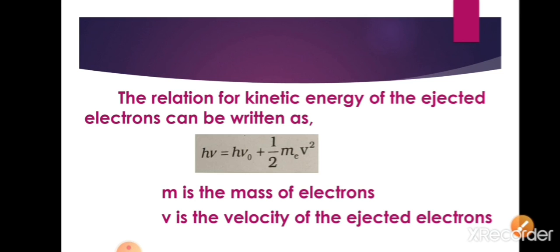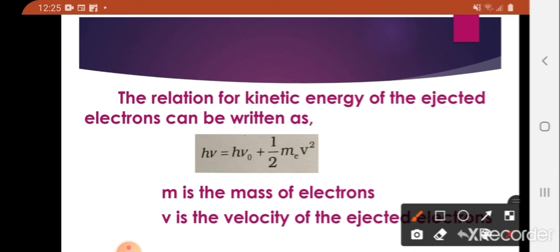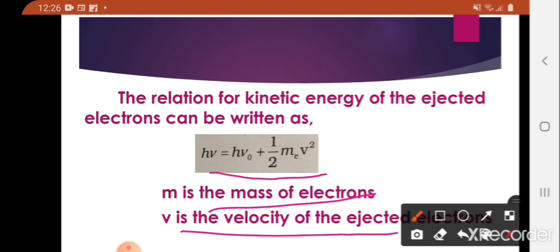Here is the relation for the kinetic energy of the ejected electrons: h nu is equal to h nu 0 plus half m v square. M is the mass of the electron and v is the velocity of the ejected electron. This is the relation for the kinetic energy of the electrons ejected from the metal surface.